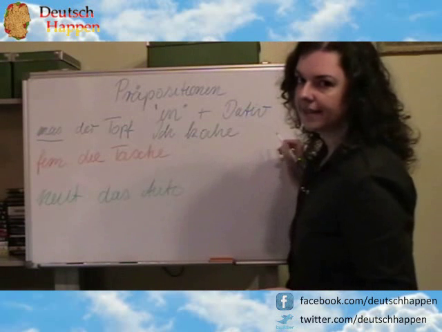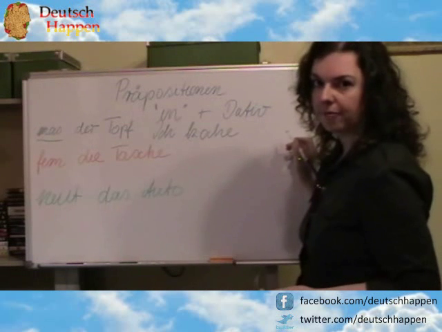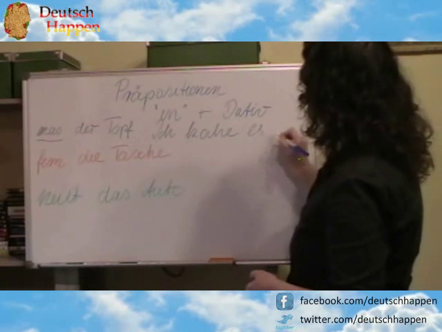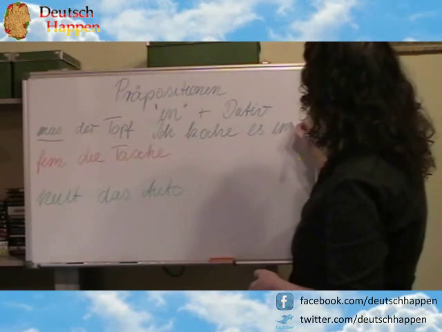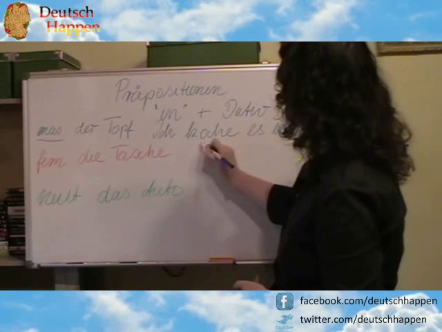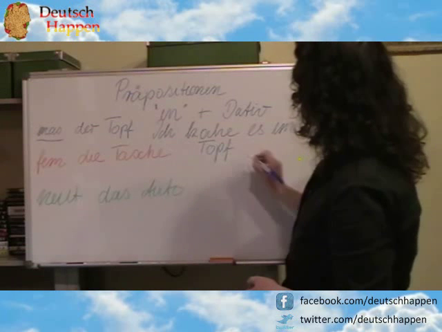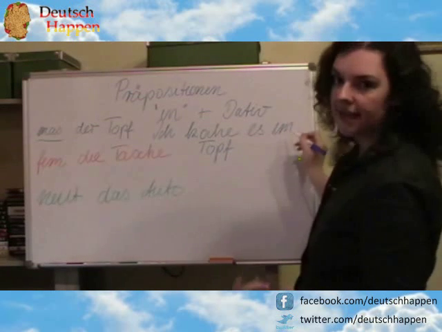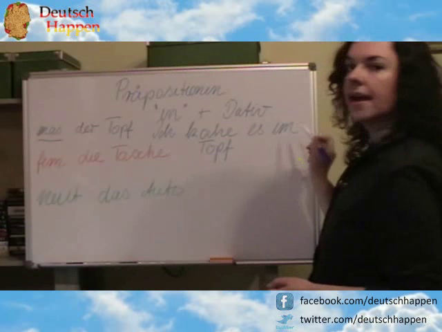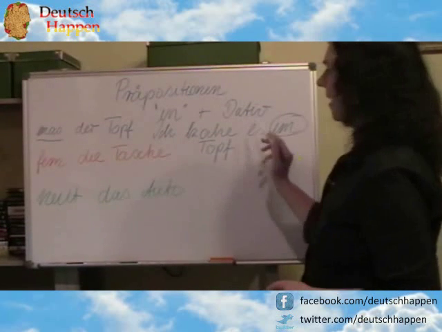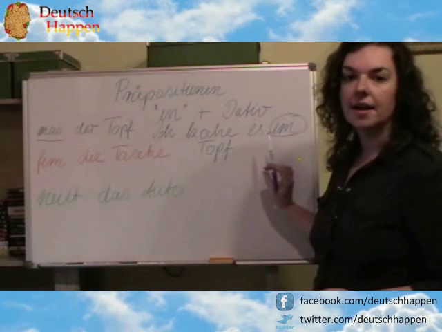So let's shorten this a little bit. Ich koche im Topf. I cook it in the pot. So it, the food, and now you have the im here and not an in.